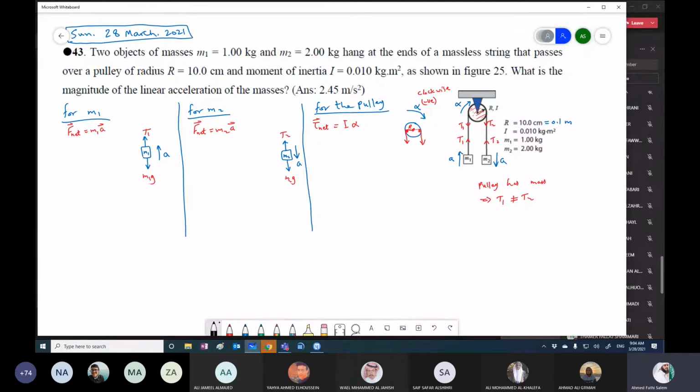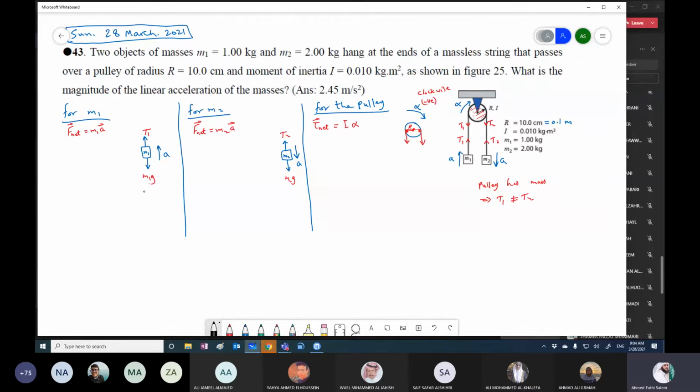You see, this is what I promised you in chapter number 5. You remember chapter 5? I told you as long as the pulley is massless, the tension on both sides will be the same. But later on, in chapter 10, when the pulley has a mass, the tension on both sides will not be the same.